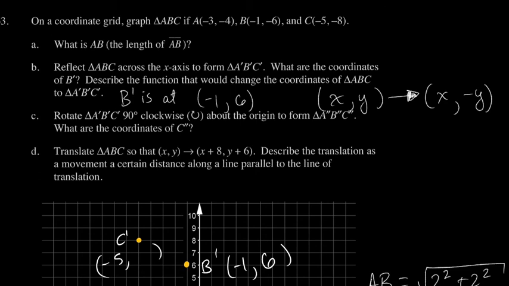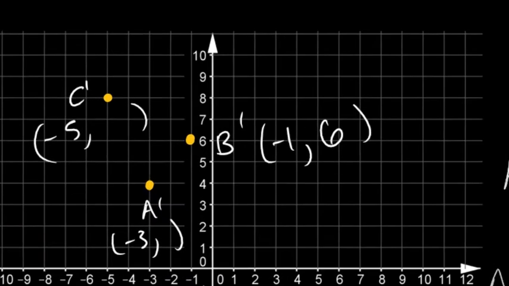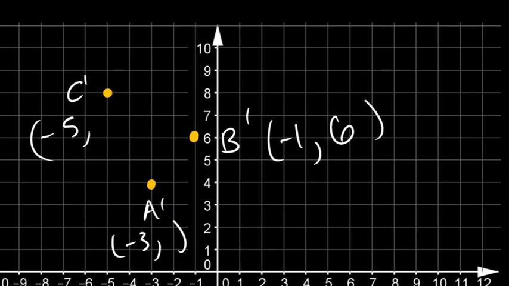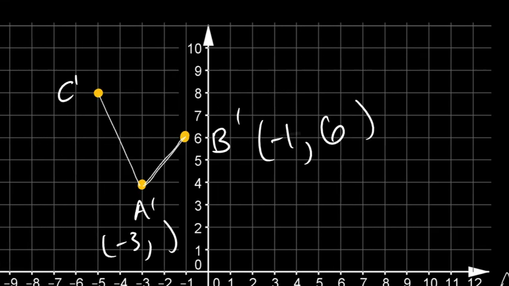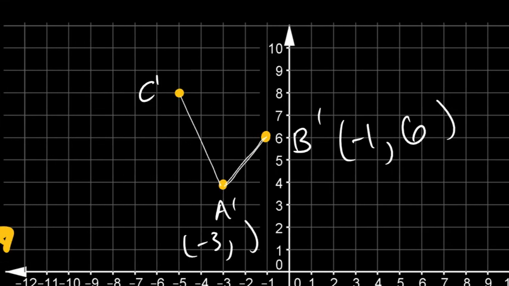All right, the next problem says rotate this triangle that we just ended up with, A prime, B prime, C prime, clockwise about the origin to find A double prime, B double prime, C double prime. Okay, so now let me erase this. We're going to take this triangle and rotate it about the origin 90 degrees.